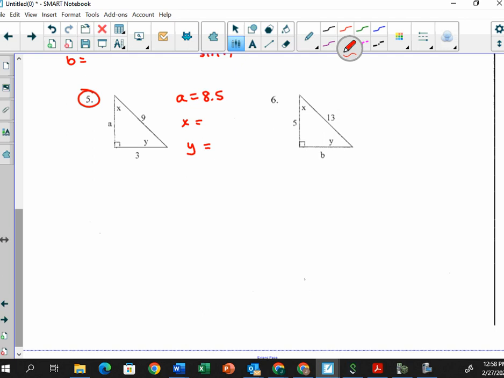All right, guys, let's look at number 5. There's a lot of ways you could do it. I'm going to set up sine of x equals 3/9. You can certainly write 1/3 there. Again, what do I use on the calculator when I'm finding the angle? Inverse sine, yes.